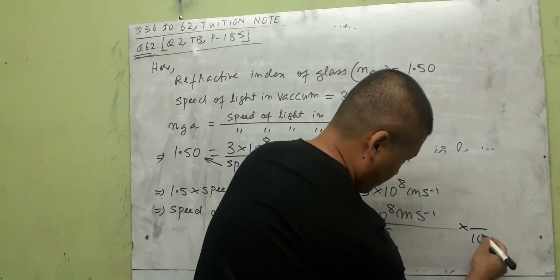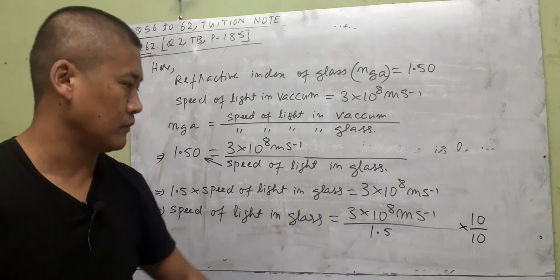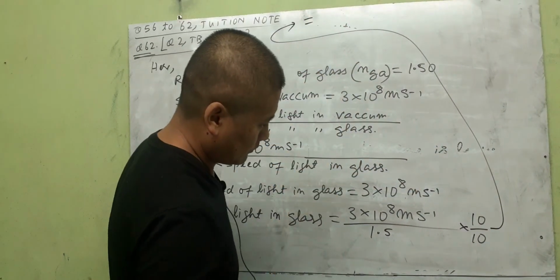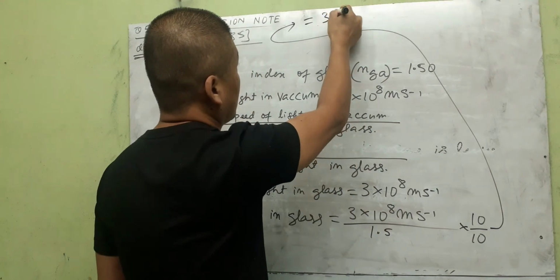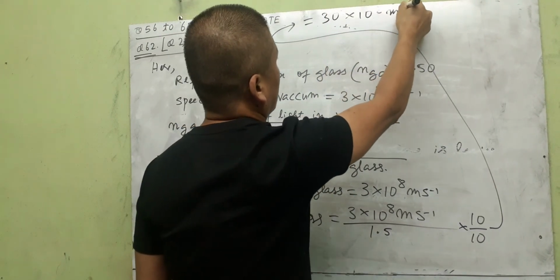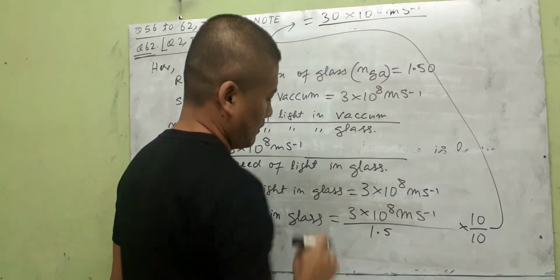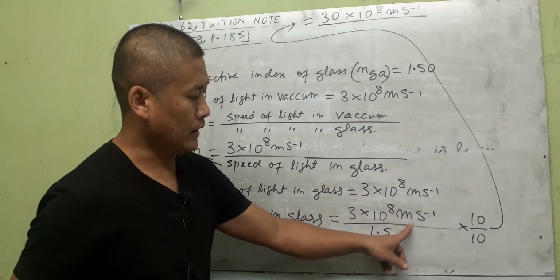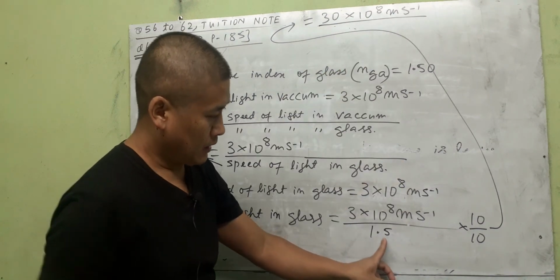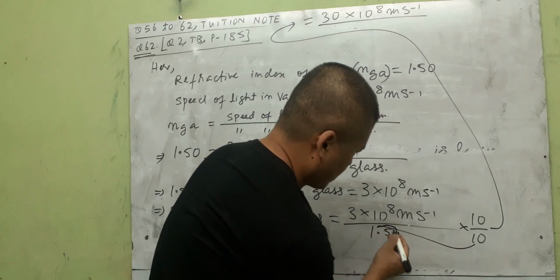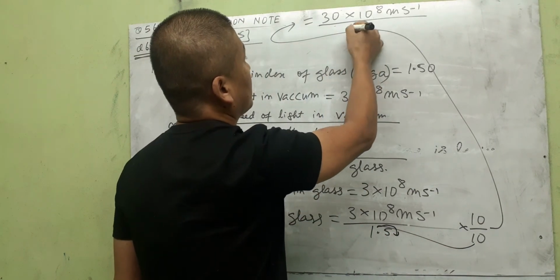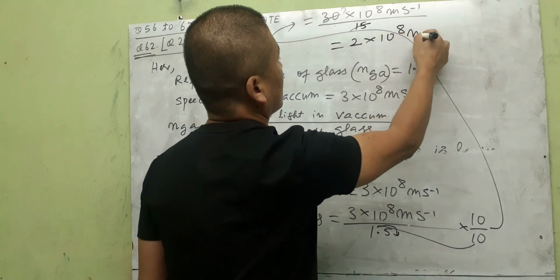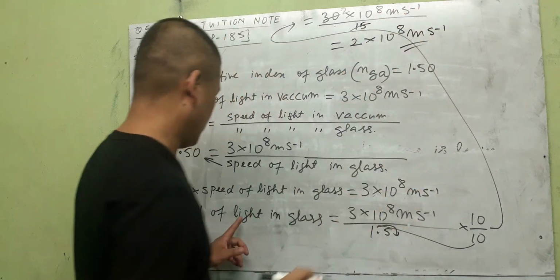We see one decimal place, so multiply up and down by 10. Then we get 30 into 10 to the power 8 meter per second divided by 15. 15 2s are 30. So your answer is 2 into 10 to the power 8 meter per second, the speed of light in glass.